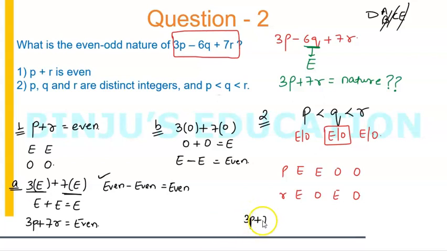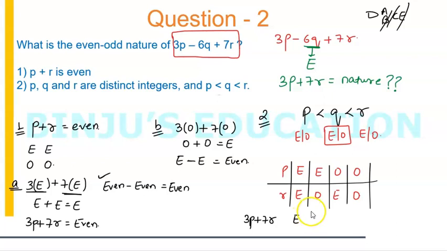So let's talk about 3P plus 7R. If R and P are both even, then 3 into P is even and 7 into R is even, so the result is even, that's for sure. Second case, when P is even and R is odd: 3P becomes even, 7R becomes odd, and even plus odd is odd.